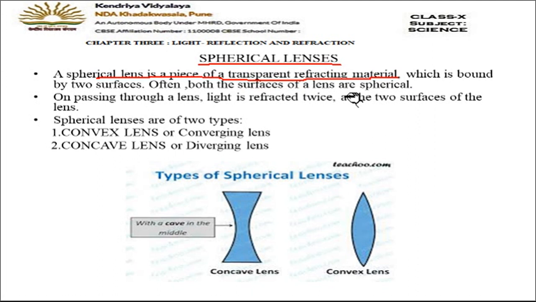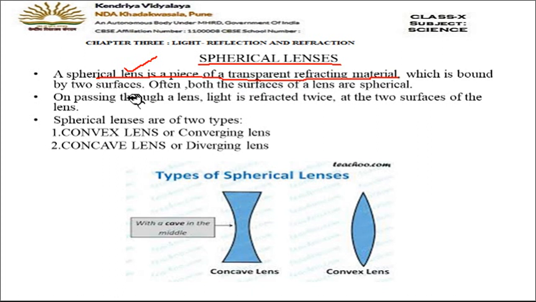Please remember that a mirror has only one reflecting side and the other side is opaque. But a lens should be made up of transparent material so that light can pass through it, because lenses are meant for refraction and mirrors are meant for reflection.